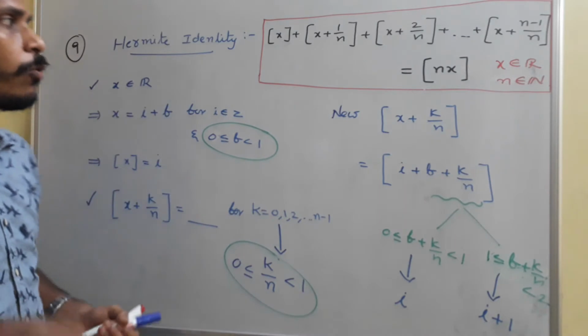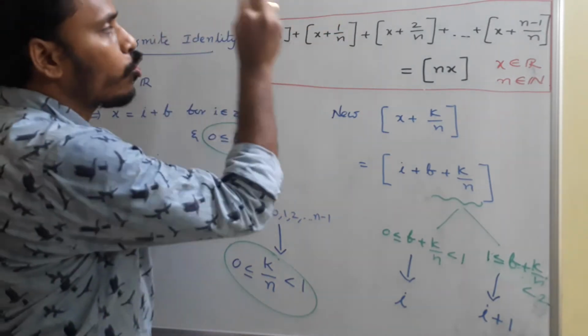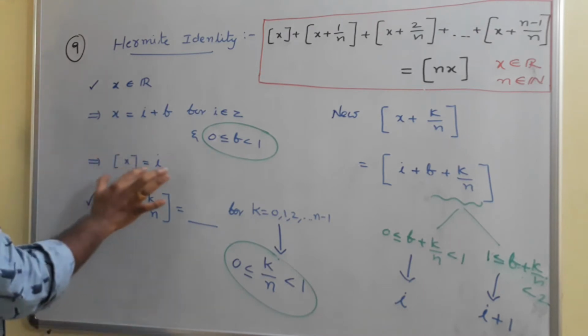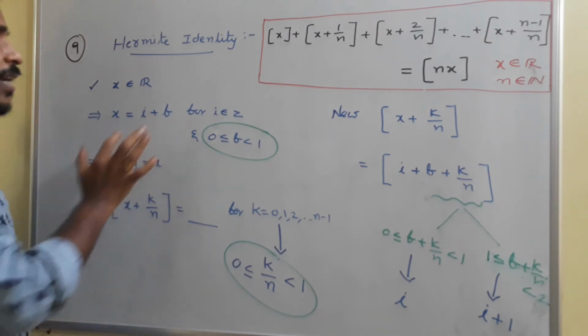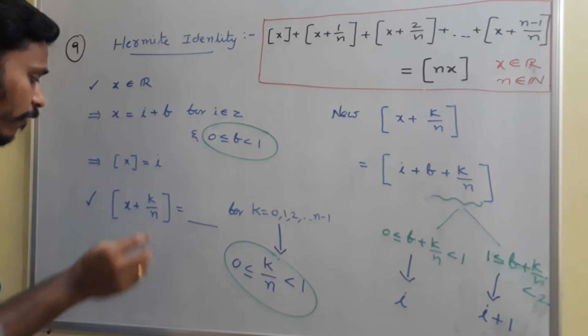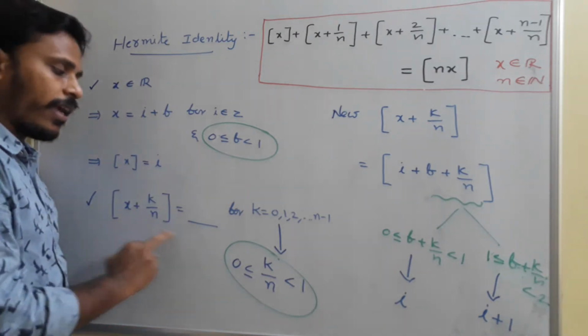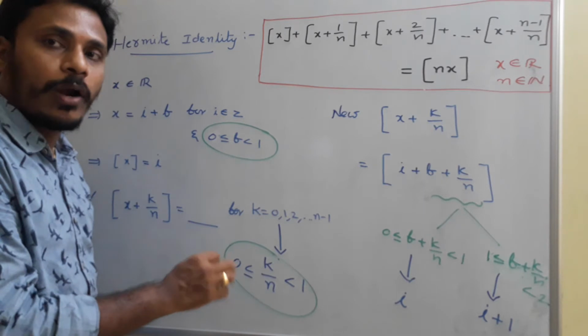Once again I am repeating. The problem is related to the step of x and x plus k by n format. Suppose you just take x equals I plus f, and then we need to think about step of x plus k by n. While thinking about that, what do you say about k by n? K by n is also a number between 0 and 1.